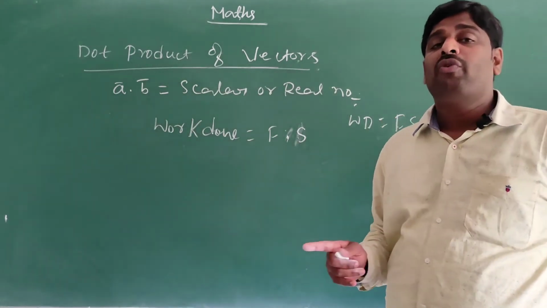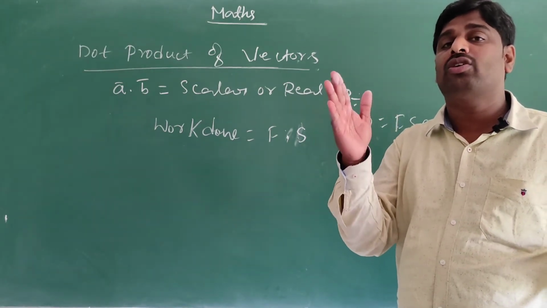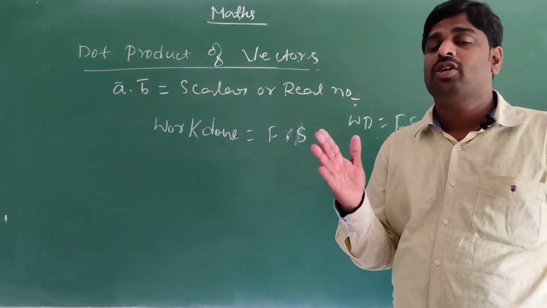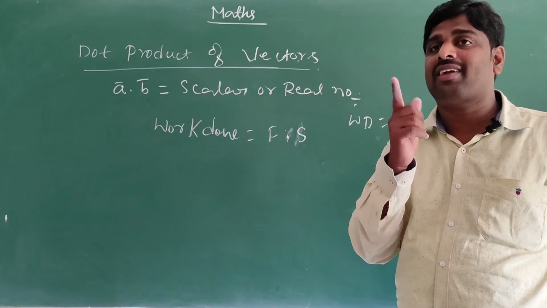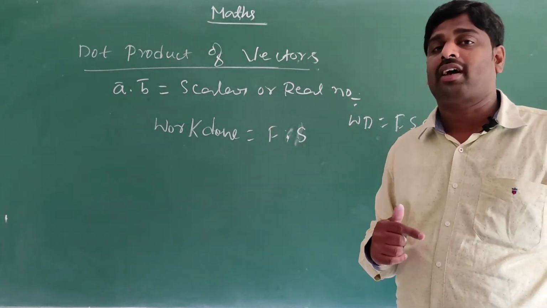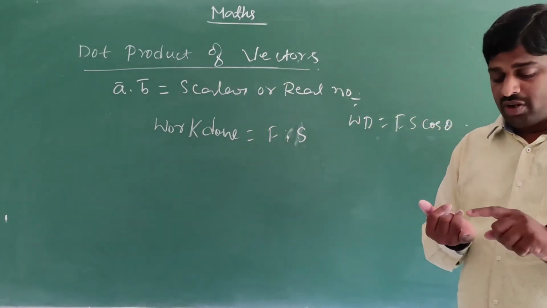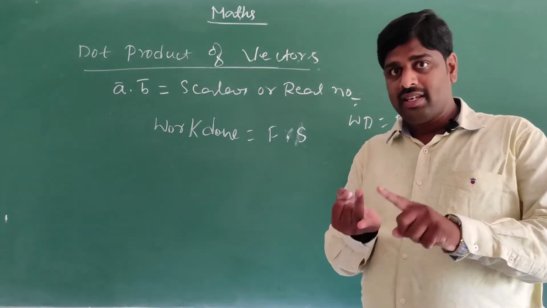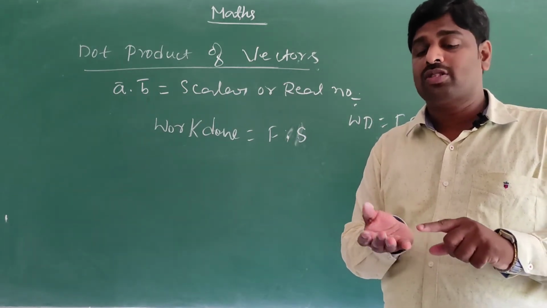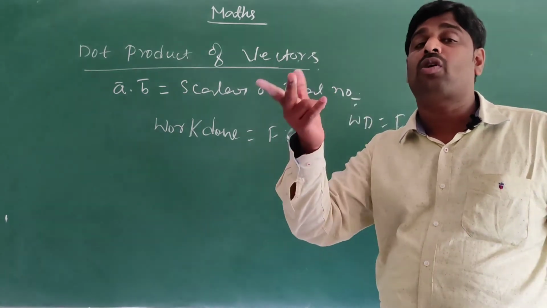Suppose you take torque: torque is perpendicular distance into displacement. Perpendicular distance is a vector and displacement is a vector, therefore torque is also a vector. Work done is a scalar. So vector dot vector gives a scalar, which is the dot product of two vectors. Vector cross vector gives a vector, which is the cross product of vectors.